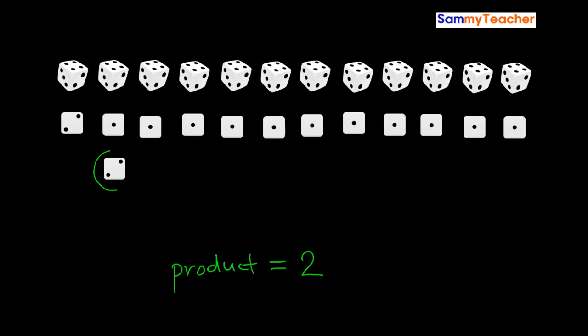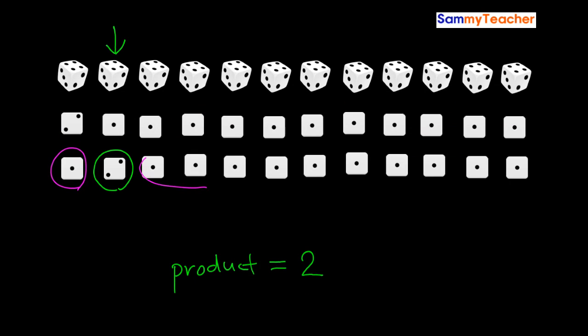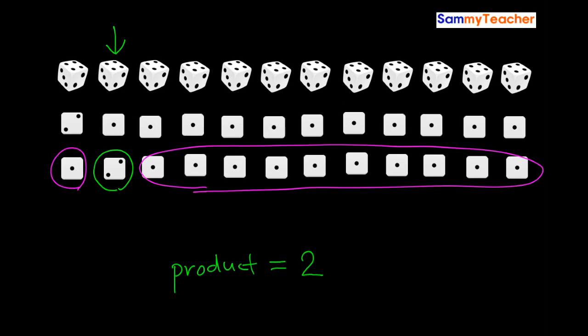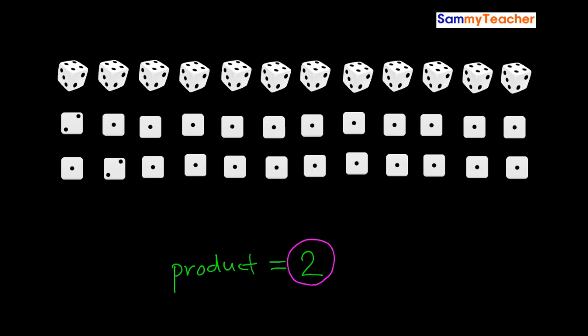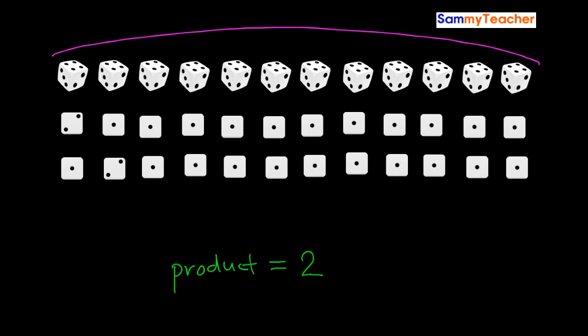Now, if we get 2 in the second dice, and all the other pieces of dice are 1, that also gives us the product of 2. And the same thing will happen when the third dice is 2 and all the others are 1. Same thing in the fourth one and fifth one. So altogether, since there are 12 pieces of dice, there are 12 different ways to get a product of 2.